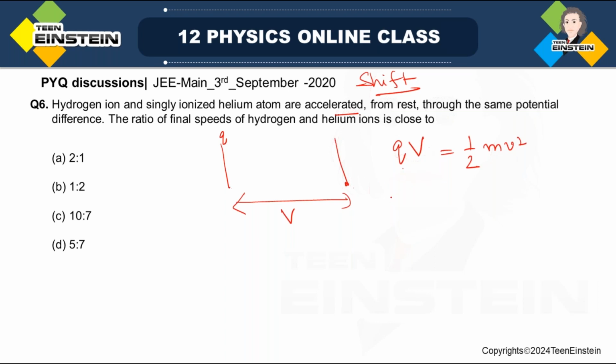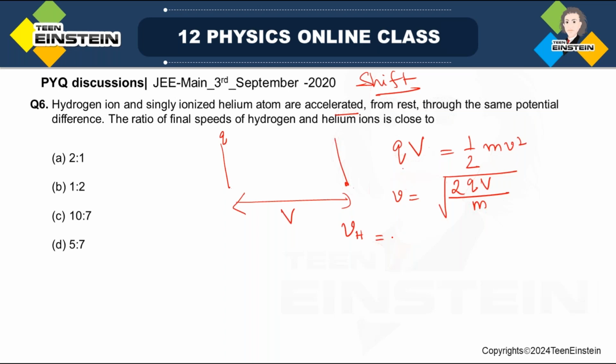Now I have to write what v is. v is the square root of 2 q V divided by m. This is the actual speed.